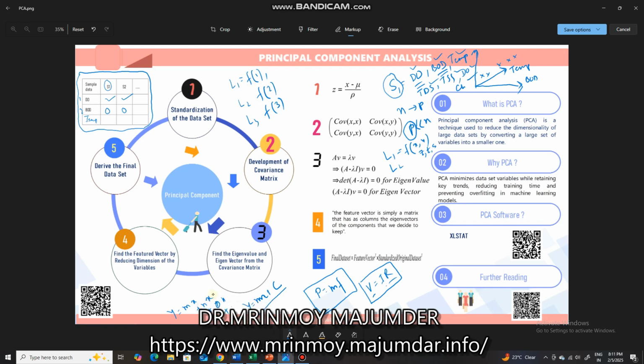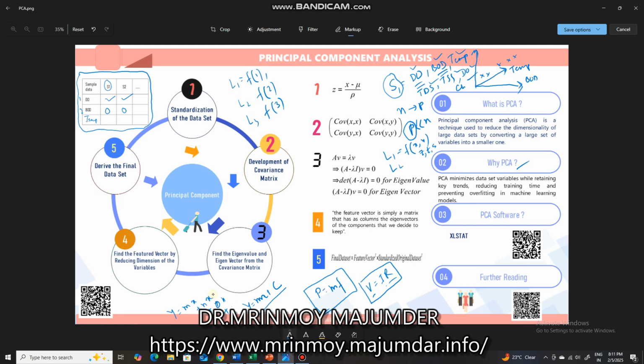The more dimensions you add, the more complex the model development becomes. So it is always better to reduce the dimensionality by using assumptions or by using this technique known as principal component analysis.